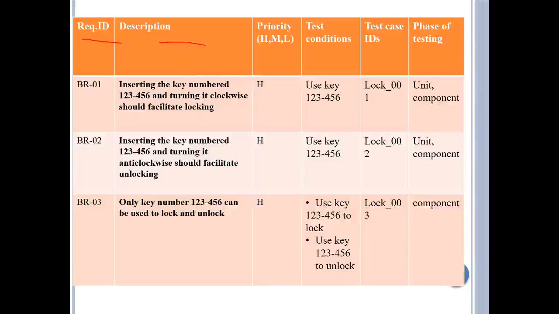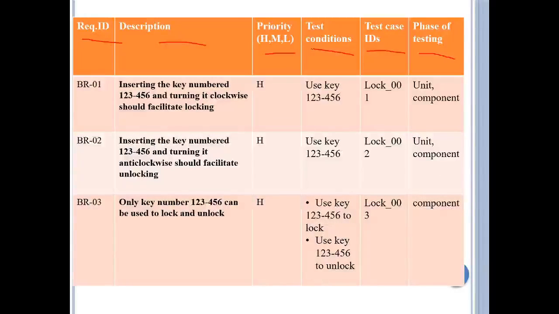Then the description of the requirement, and then priority, whether that requirement has higher, medium or low priority, how important it is. Then test conditions, what conditions you need to meet that requirement, based on which that requirement will get executed. Then for that requirement, which test case ID you have designed, that you need to specify, and the phase of testing, in which type of testing you are going to test it.